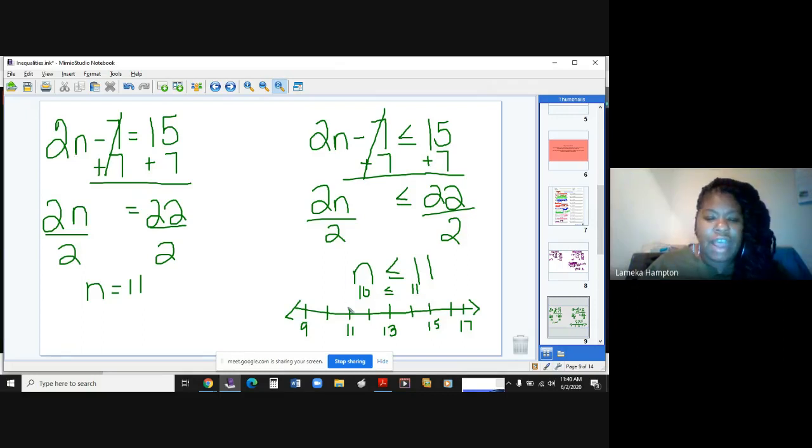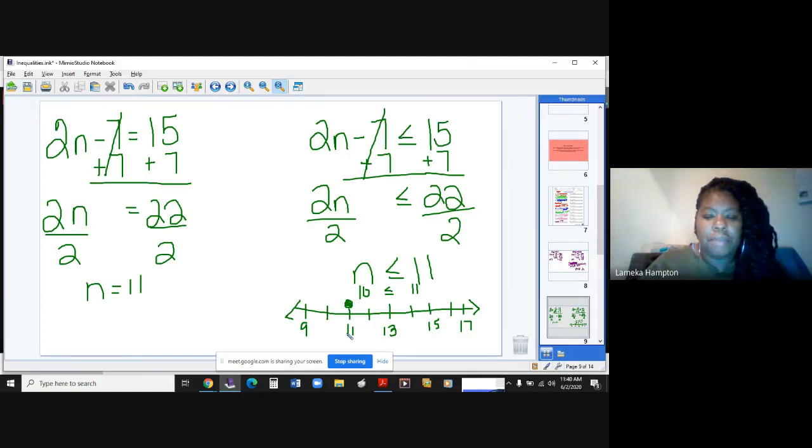Now, I have a shaded circle. The reason why I have a shaded circle again is because I am dealing with an equal to sign under my less than sign. So this lets me know that 11 is a part of the solution.